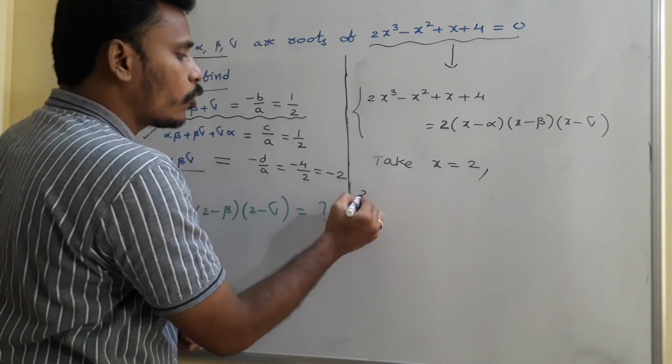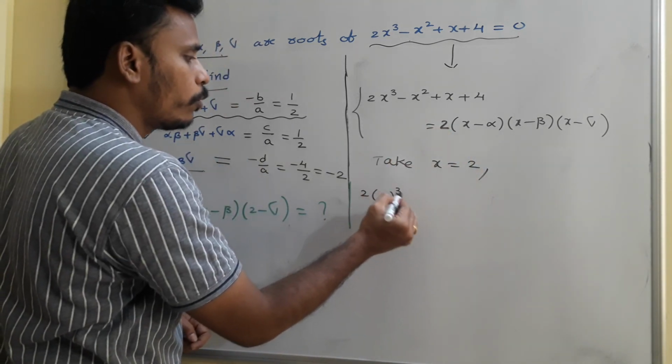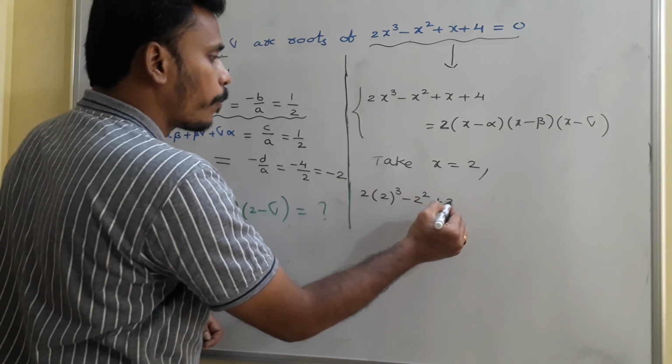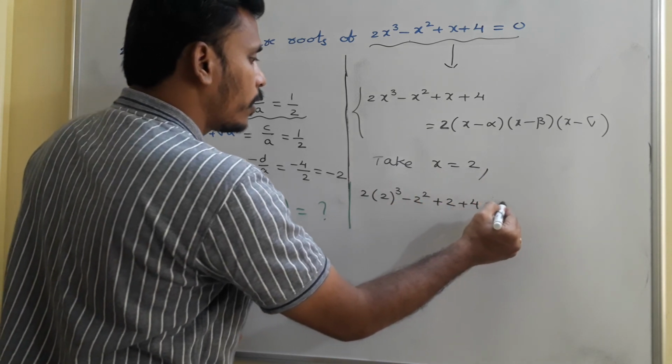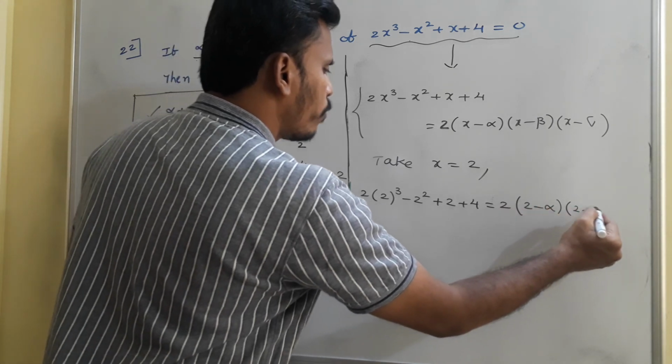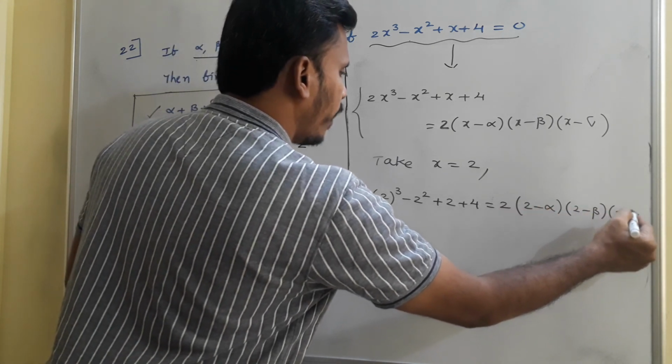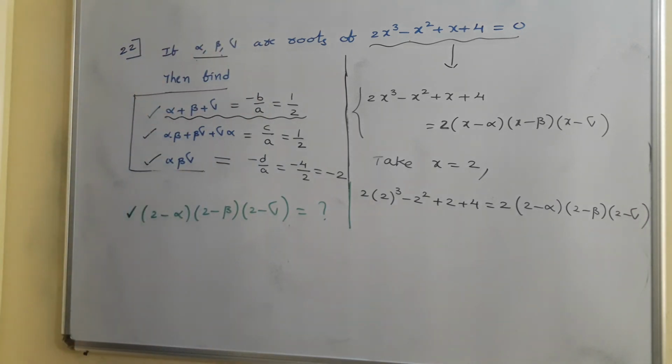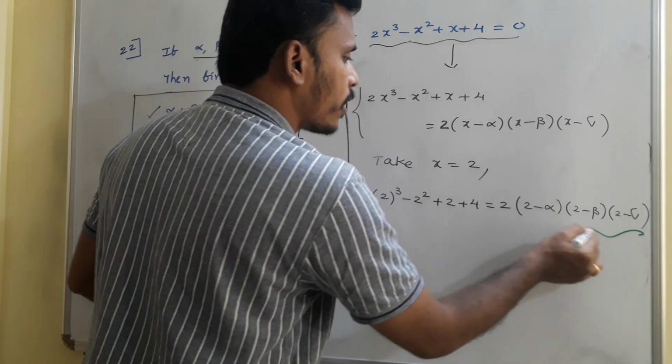If you take x equal to 2, 2 into 2 cube minus 2 square plus 2 plus 4 is equal to 2 into 2 minus alpha into 2 minus beta into 2 minus gamma. And our target is to find this 2 minus alpha into 2 minus beta into 2 minus gamma, right?